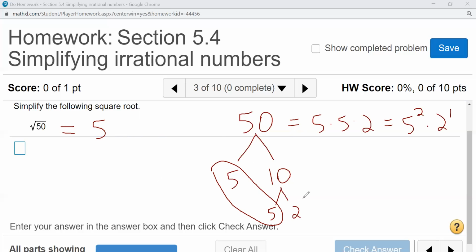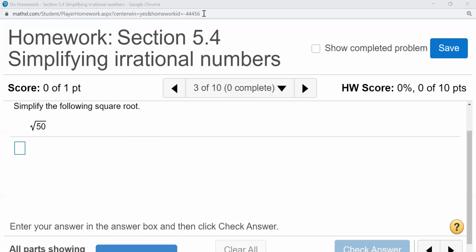This, though, did not get to come out of the square root because it didn't get paired up with anything, so it's left inside the square root. And so we end up with 5 square roots of 2. Bada bing, bada boom.